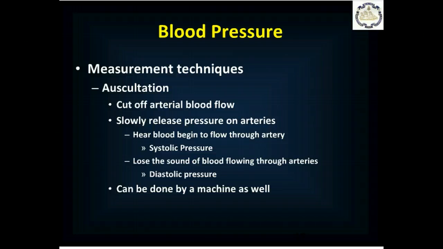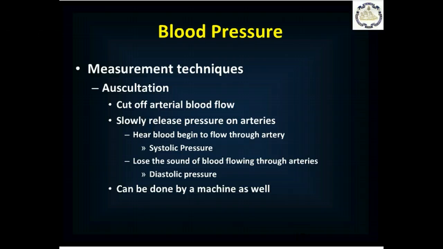So you inflate to 180 millimeters of mercury. Then you very slowly begin to release the pressure in the cuff, and that takes pressure off of the arteries. You're not going to hear anything for a while. And then when you reach the peak pressure in the system, you're going to begin to hear blood flow through the artery.